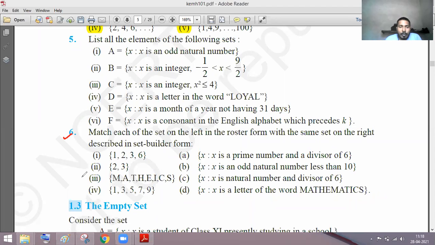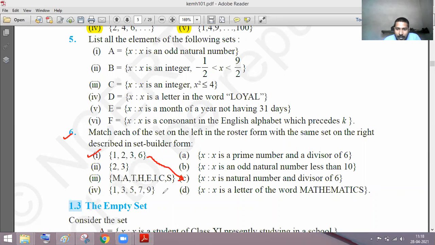Om Upadhyay, for the first, tell me which option I'll choose. Sir, C. Natural number or divisor of 6. Okay, C. What about the second? Shruti.